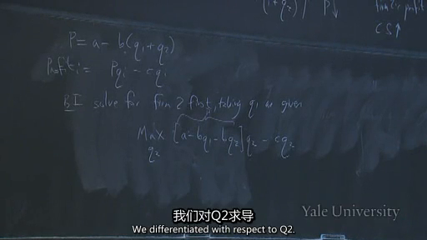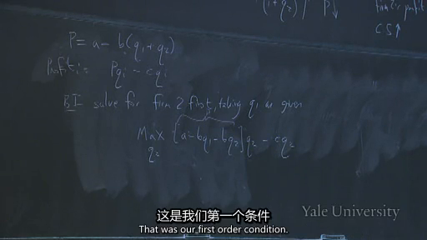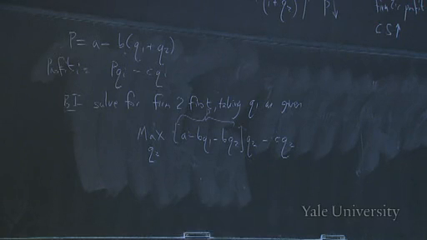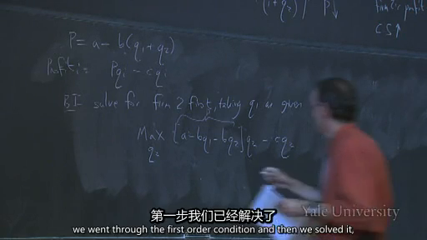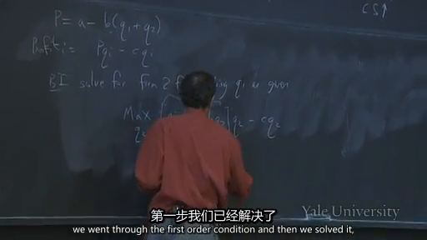We differentiated with respect to Q2. We set the derivative we found equal to 0. That was our first order condition. And then we solved for Q2. When we did that, we went through the first order condition, and then we solved it.